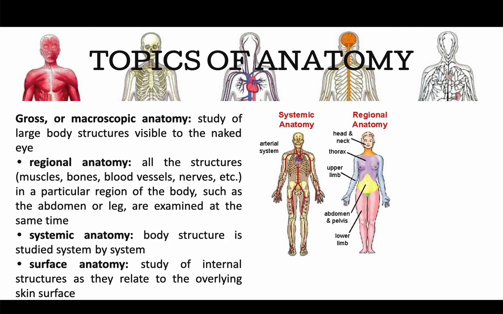It's different from regional anatomy because in regional anatomy, we study all the systems in a certain part at the same time, while in systemic anatomy, we study it system by system. Later on, I will discuss what are the systems that we are going to study. So next is surface anatomy. This is the study of internal structures as they relate to the overlying skin surface.